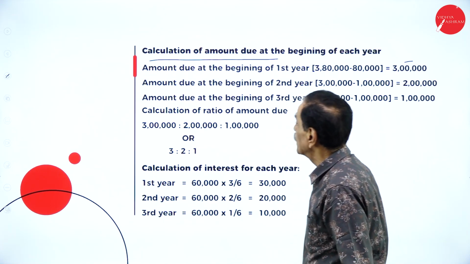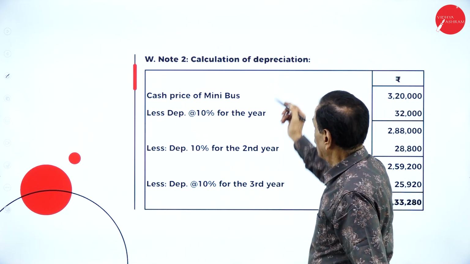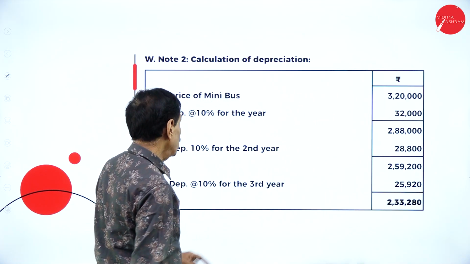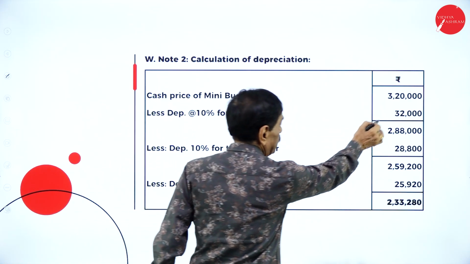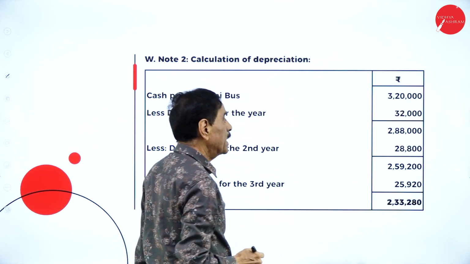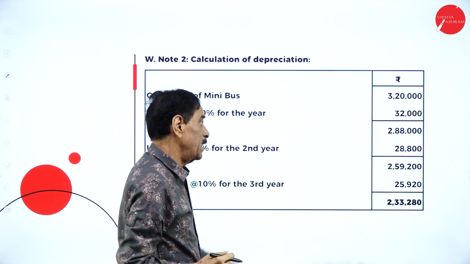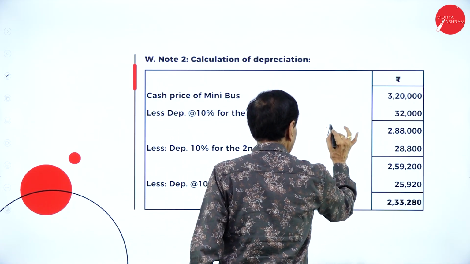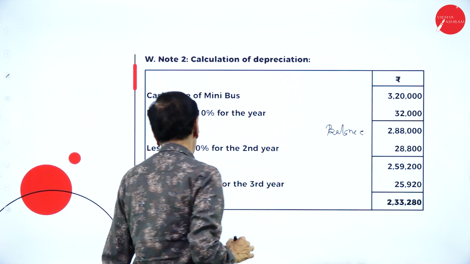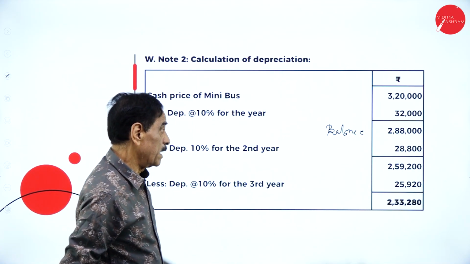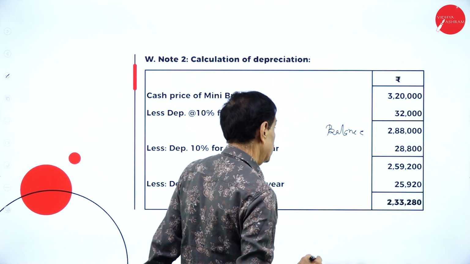Okay, you understand this? Now, calculation of depreciation. The cost of the minibus is 3,20,000. Less 10% depreciation, 32,000. If we deduct, the balance is 2,88,000. Less depreciation for second year, 28,800.